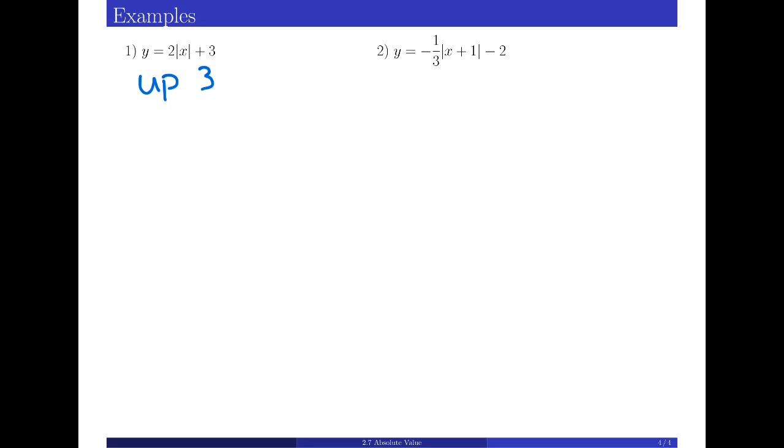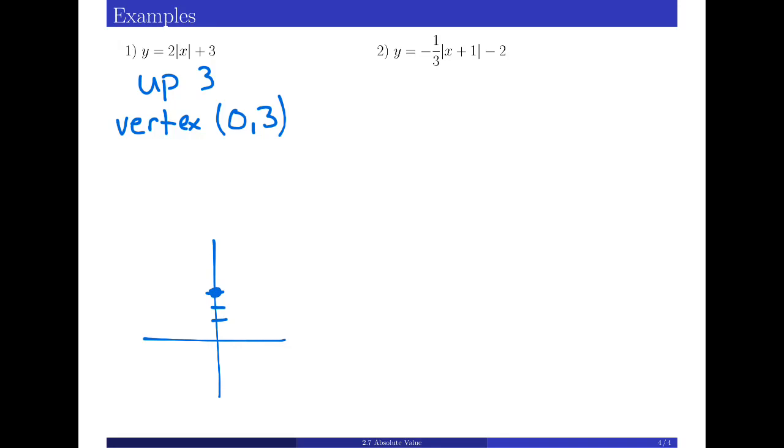So I'll expect to see you write down that we're moved up 3. If we don't move right or left, but we move up 3, then our vertex is shifted just up 3. So that's at 0, 3. All right. So our vertex is at 0, 3.